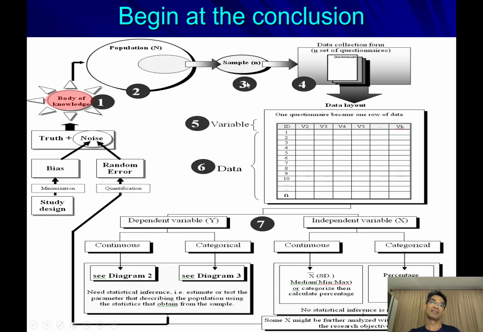So up to here we have 3 steps already. The first one is the conclusions in the paper. Either we are a researcher, we need to conclude something to be a take-home message for the reader, for the audience. Or if we are a consumer of the research, meaning we read a paper, we will cite that paper based on what they found or concluded. That's number 1. And knowledge is usually universal.